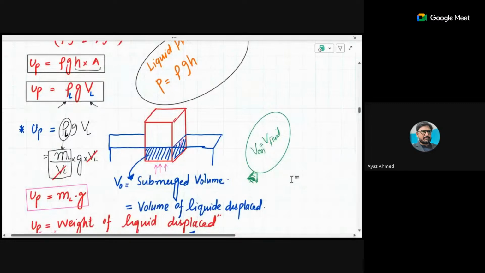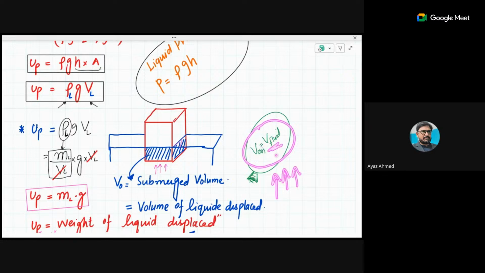If there is an object which is filled with a fluid like air, then it would have an upthrust. That is why gas-filled balloons move upward, isn't it? Because they have light density and they are just floating in the air.